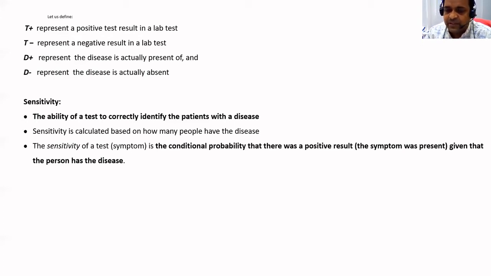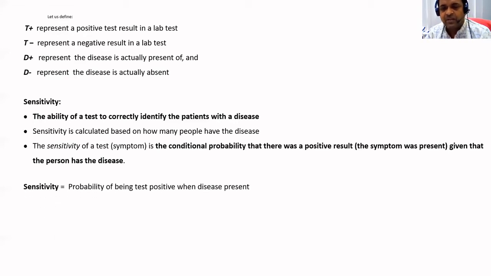This is the sensitivity. Let us define it more accurately. So sensitivity is the probability of a positive test given the disease is present.